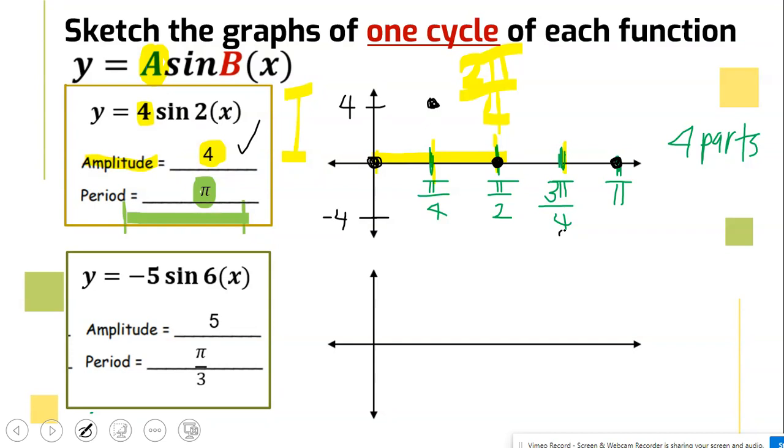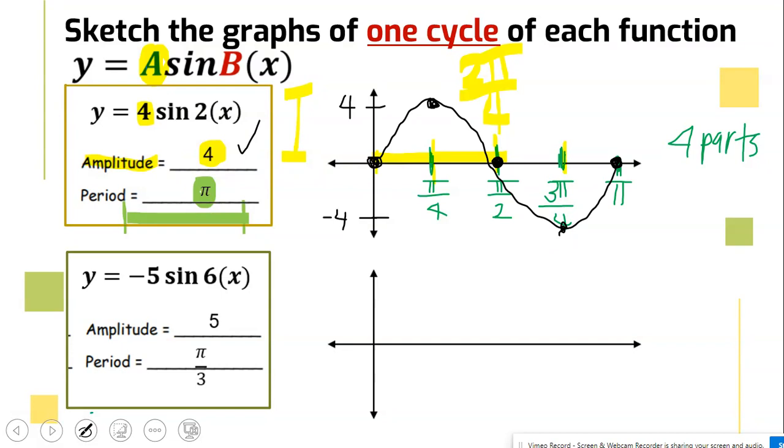Then your graph is going to look a little something like this. Okay? So with the sketch, you have to label the x and the y-axis. Amplitude is the y-axis. Period is the x-axis. Let's try it again with this next graph.